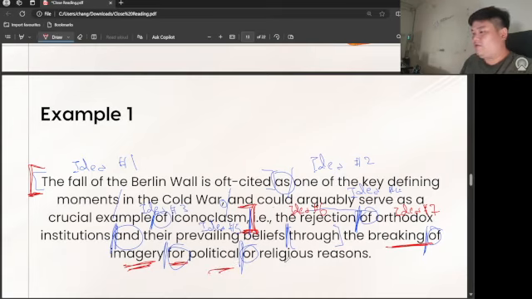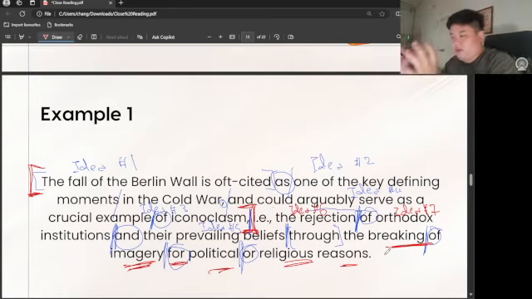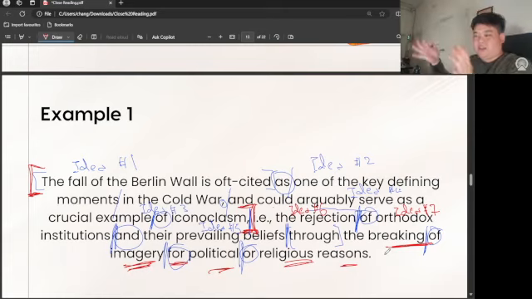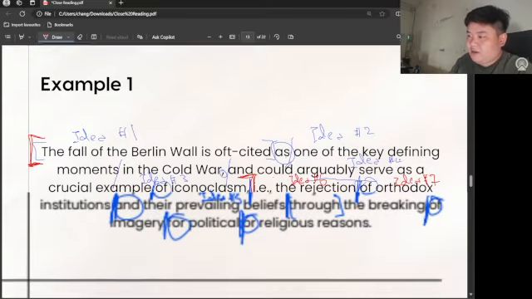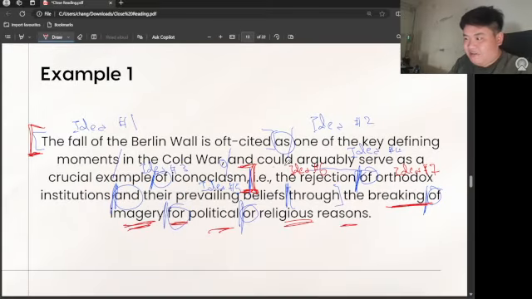So the rejection of this thing and their prevailing beliefs, and then by breaking this for political or religious reasons. And then you connect these ideas together, and then you will see that the Berlin Wall is an important moment in the Cold War, but also, it could serve as a crucial example of iconoclasm, which is this, and this. That's how you break down complex sentence structures to really deepen your understanding of long sentences. Because often when sentences are long, there's a reason why they're written in this way.